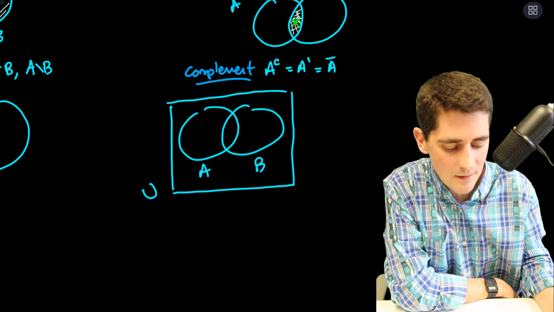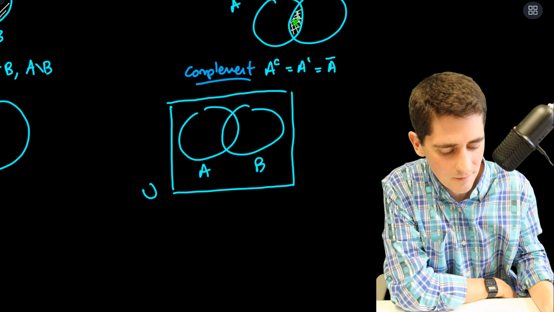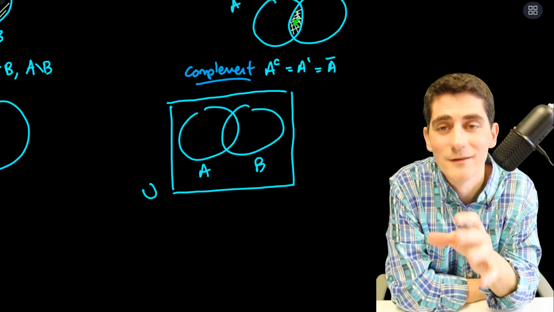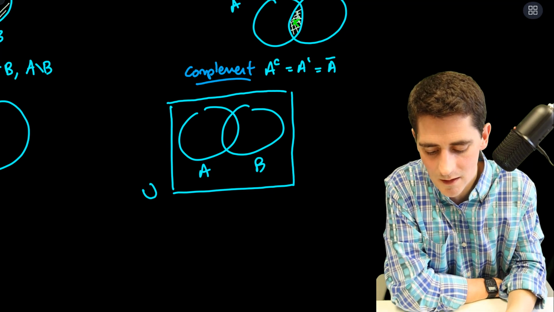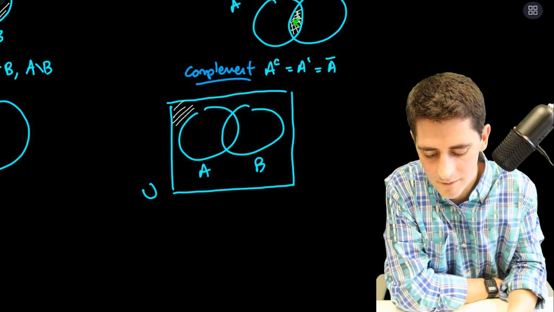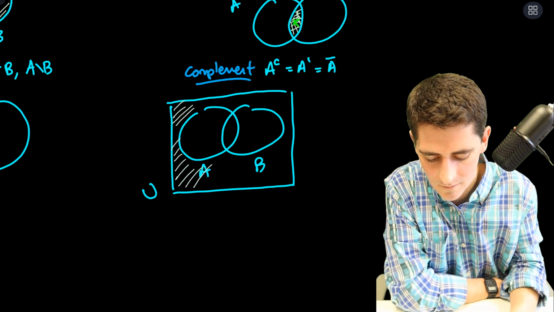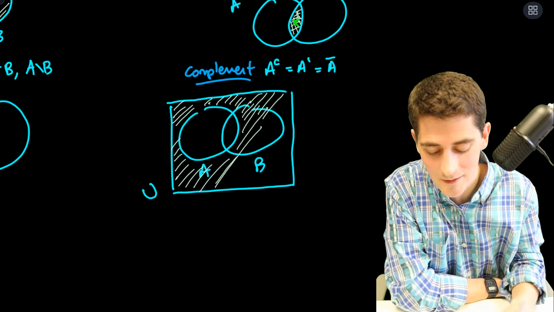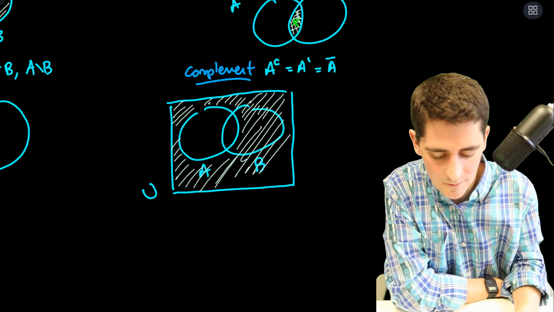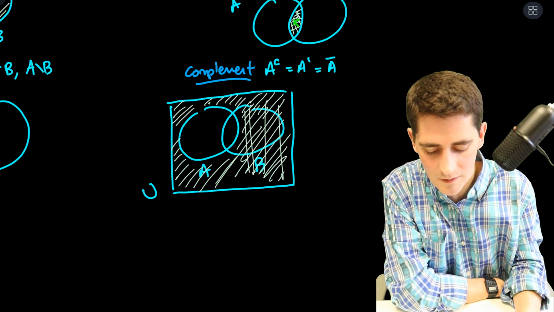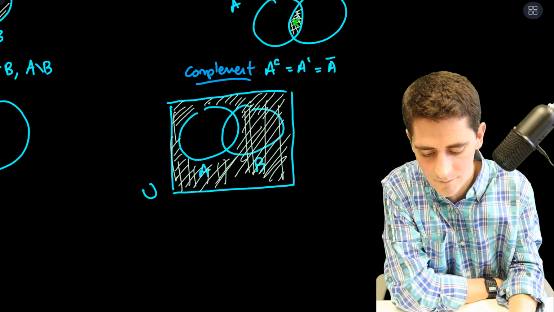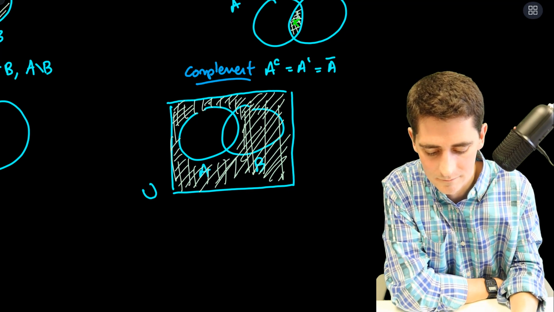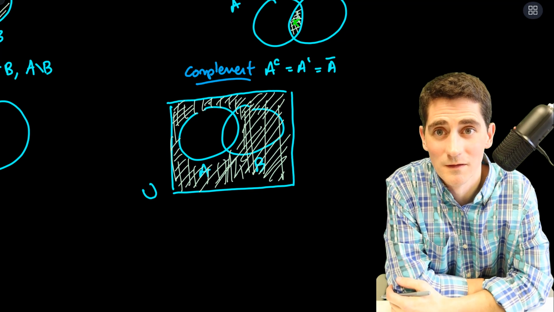And so when I say A complement, what I mean is the stuff that is not in A. So all this counts. I want the stuff that's in B because that's not in A, as long as it's not in the intersection. So I want all this rectangular region except for A. That's the part I want to leave out.